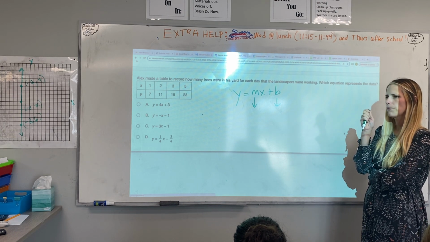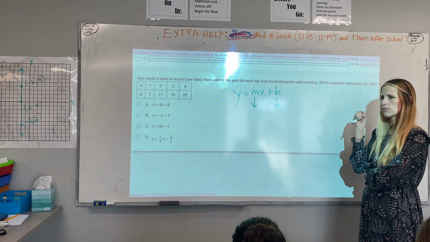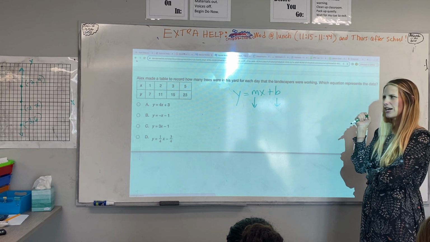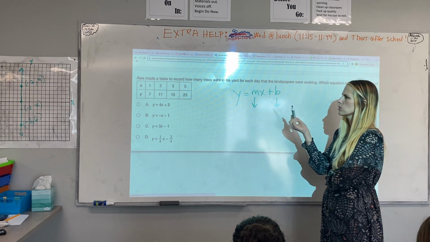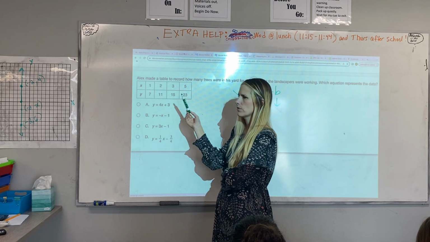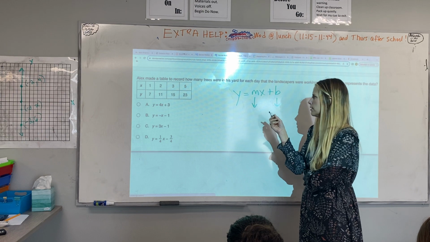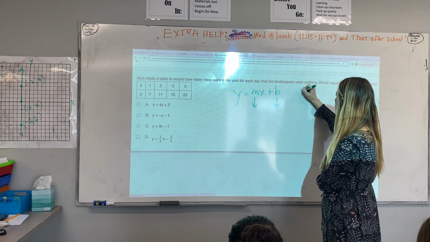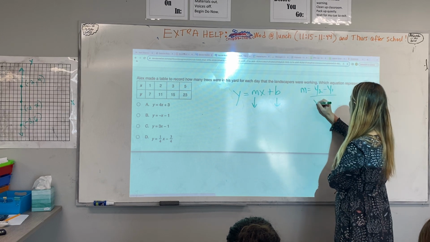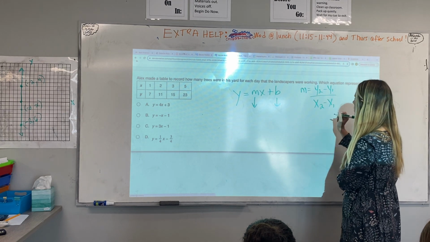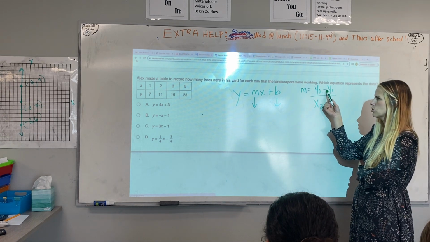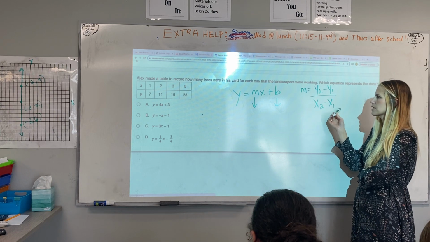How do you figure out the slope by these numbers? We have y2 minus y1 over x2 minus x1, good. Slope is y2 minus y1 over x2 minus x1, which is a fancy way of saying how the y values change compared with the x values changing.